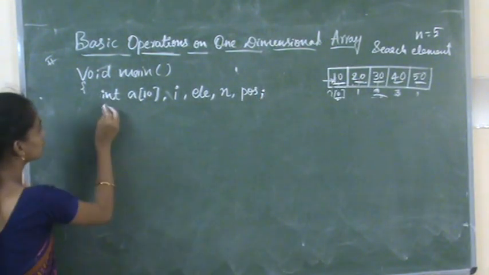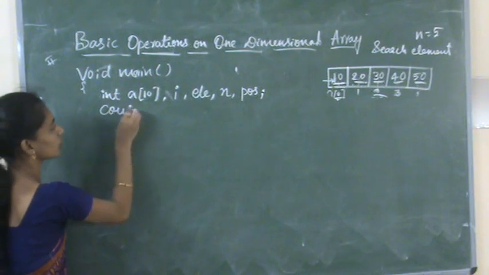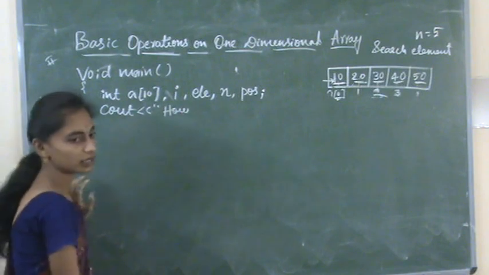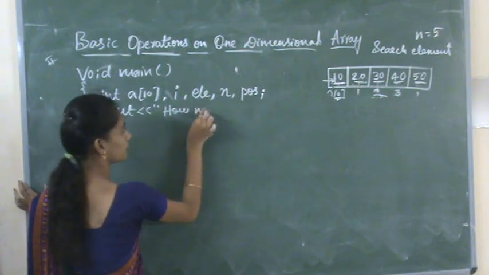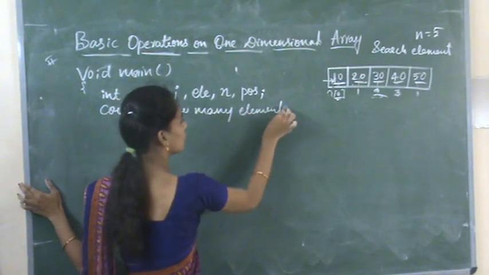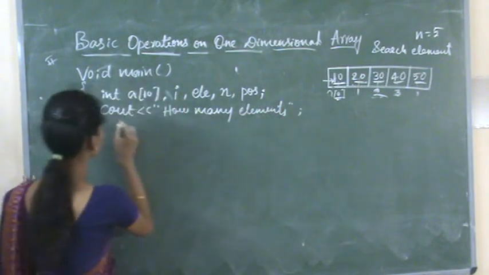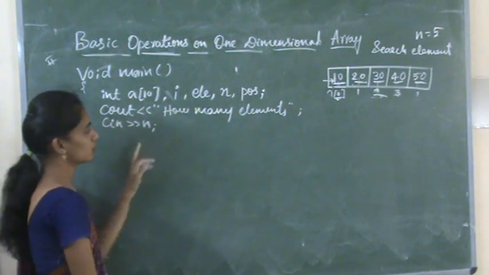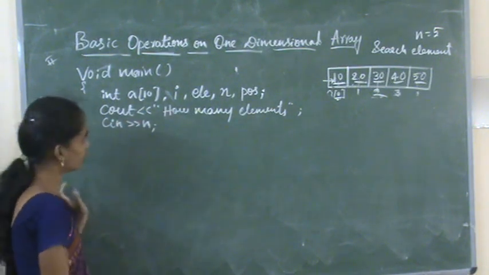After this, we ask how many elements we are using, and for that we use the variable n. So n takes the value 5.